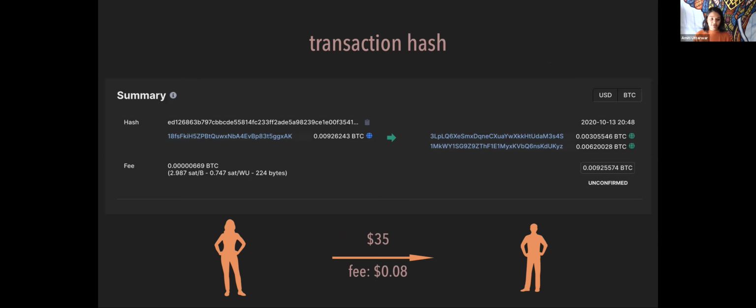And this is essentially using a hash, and it encapsulates the idea that Alice sent Bob X amount of Bitcoin, and this much of a fee was spent. There's a bit more nuance to it, but this transaction hash is able to be a predictable length string that is encapsulating all of this information about the transaction.